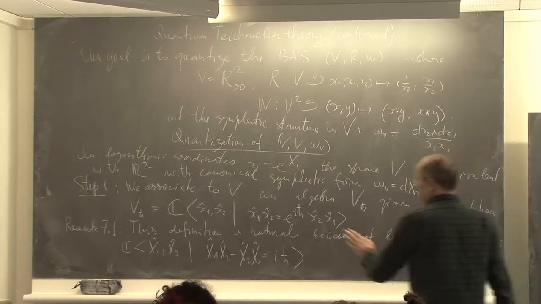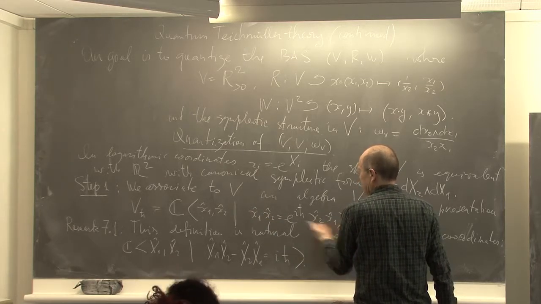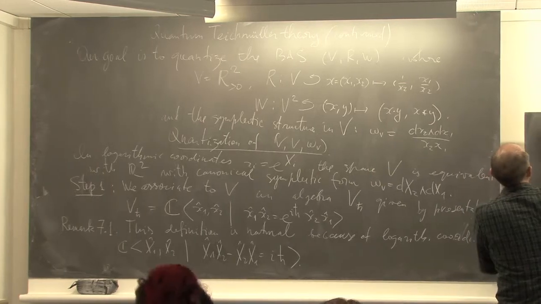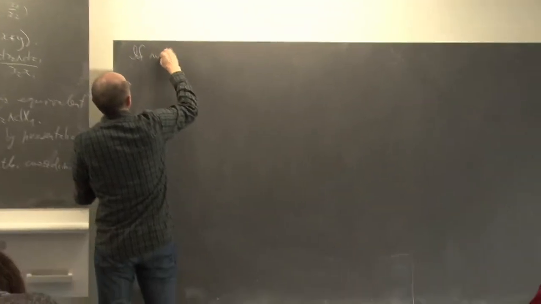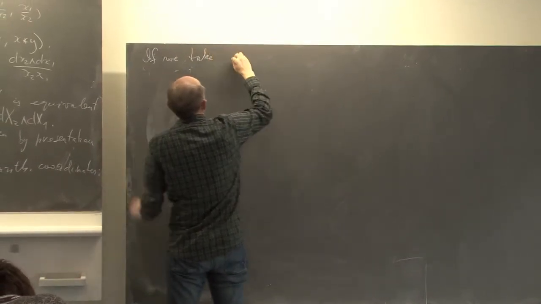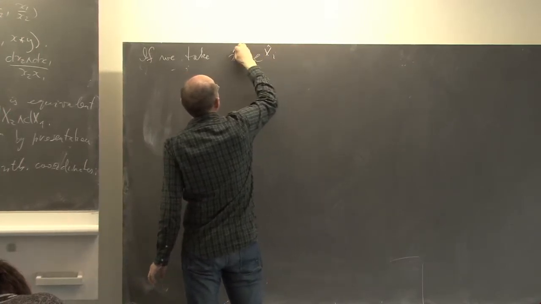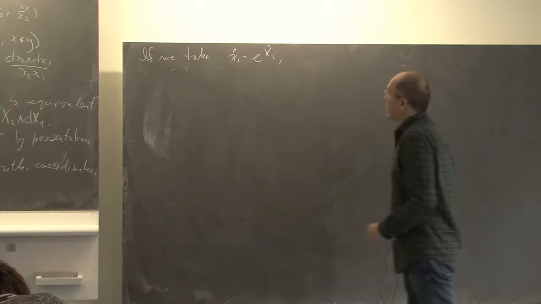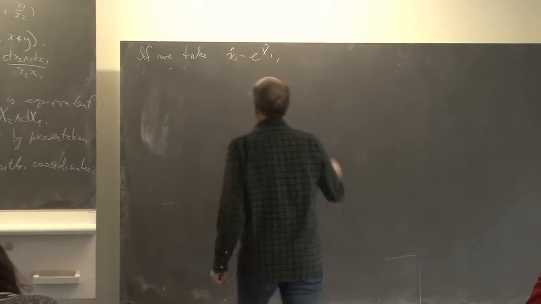And now we are dealing with exponentials, and it is an easy exercise to get this relation if we use the substitution x_i equals e to X_i hat and apply the Baker-Campbell-Hausdorff formula.